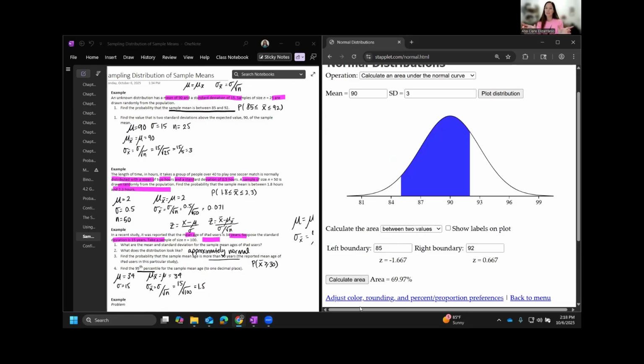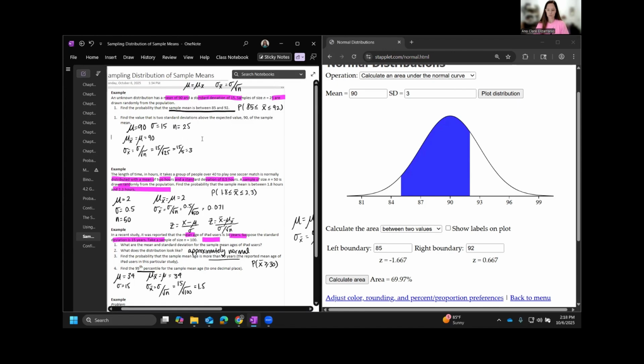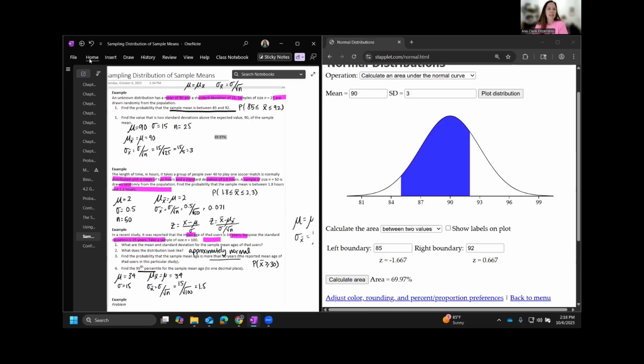It does calculate the z-scores for me, and I have an area of 69.97. So I can go ahead and enter the 69.97. So the probability of the sample mean being between 85 and 92 is 69.97%.